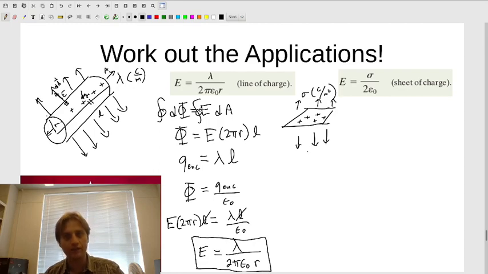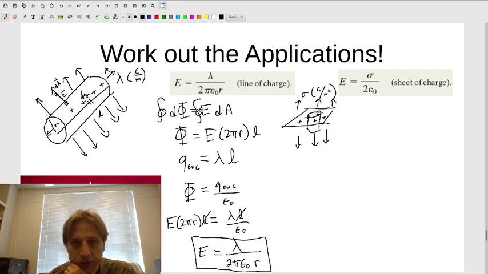Now this is an infinitely large sheet. Now I'm going to do the same thing. Let's introduce a small surface. It extends through here, and I'm going to just contain a little circle in there that has some charge in it.